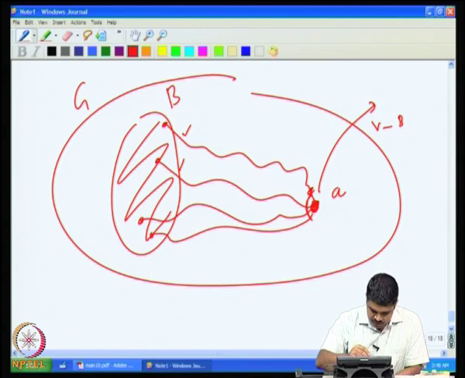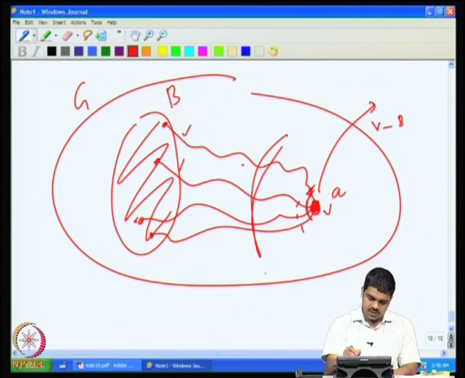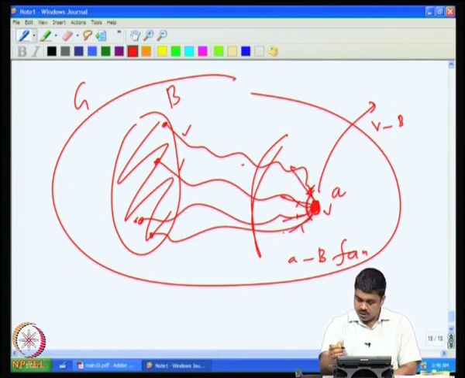These should reach B at different points, and they should all be disjoint except for this vertex A. They start here. This kind of structure is called an AB fan. It looks like a fan, probably. So this is called an AB fan.